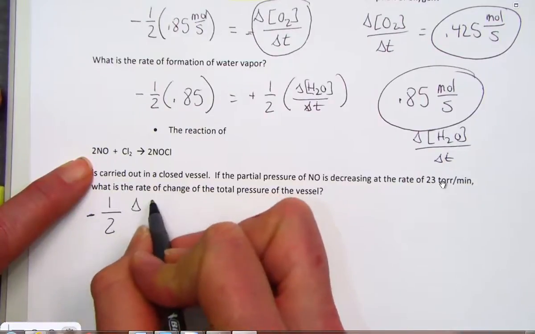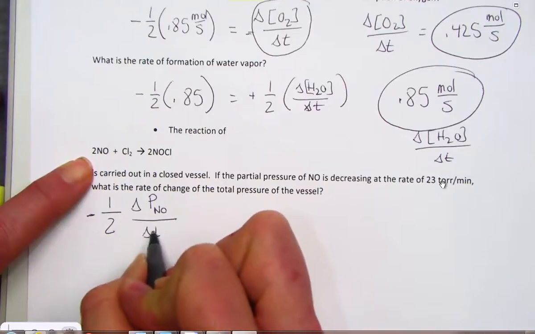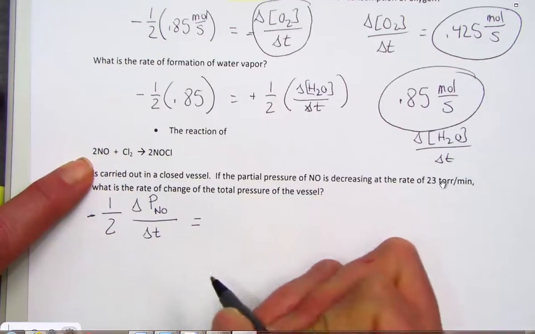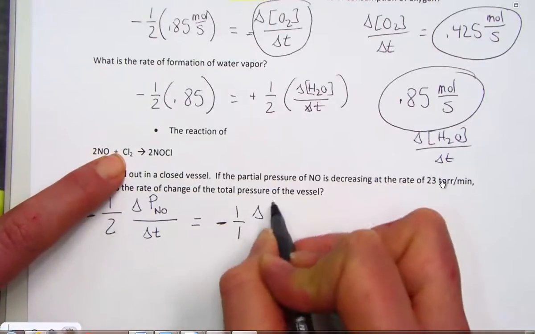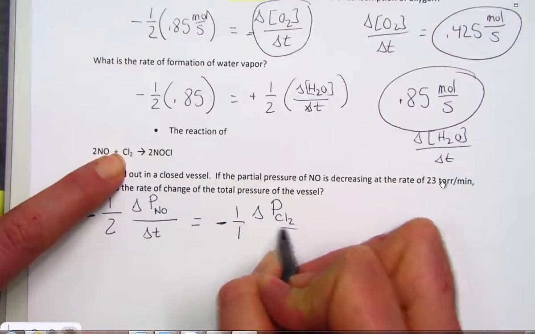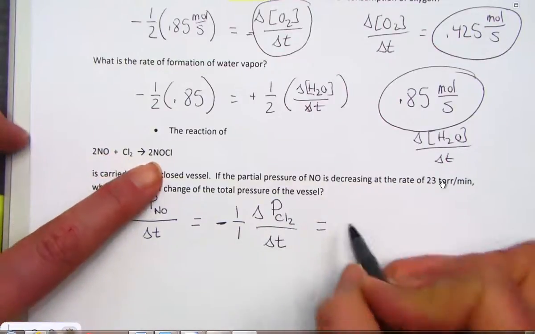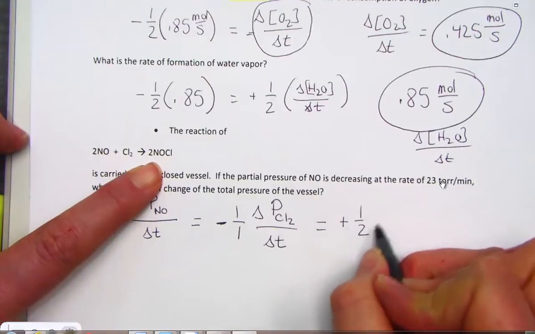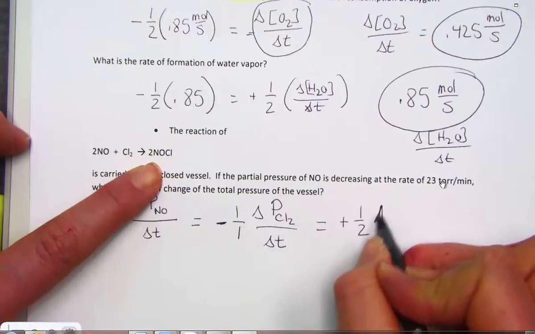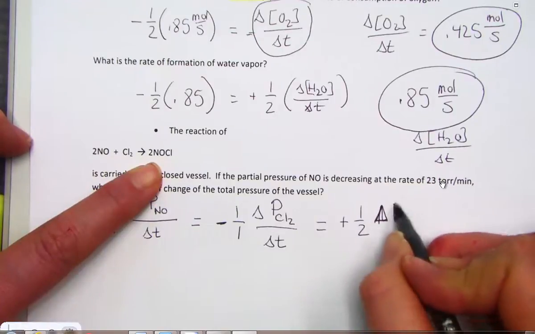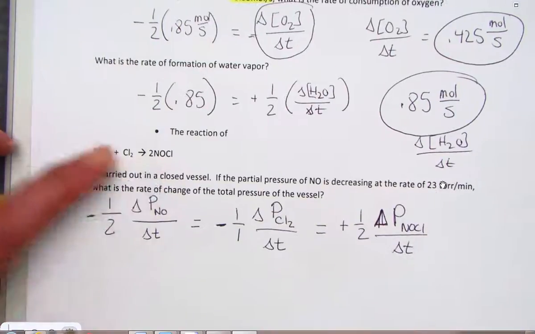The change in partial pressure of NO over a time interval is equal to negative 1 over 1, the change in partial pressure of Cl2 over the change in time, which is equal to positive 1/2 the change in partial pressure of NOCl over a time interval.